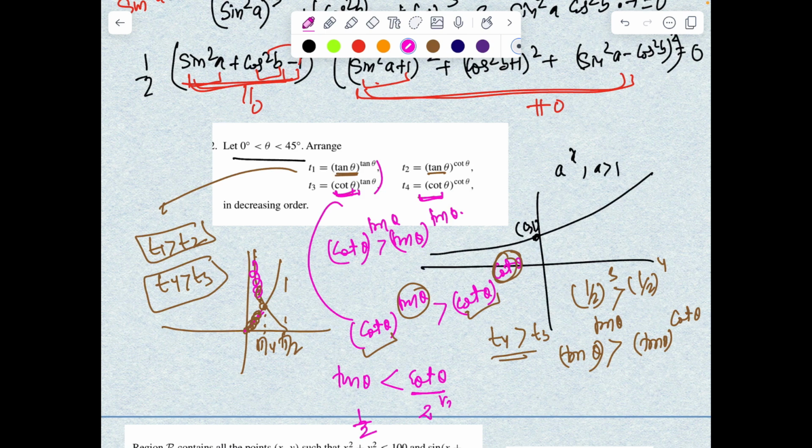Now if I take 2 to the power half and half to the power half, clearly 2 to the power half will be more. So I can tell T3 is definitely more than T1. So finally T4 is highest, T3 is second highest, and among T1 and T2, T1 is more and then T2. So the final answer is 4, 3, 1, 2. So this was a basic question, and on a very fundamental basis this question could be solved.